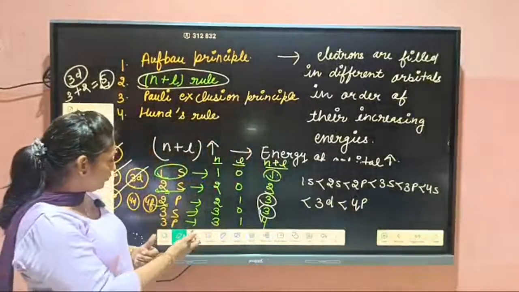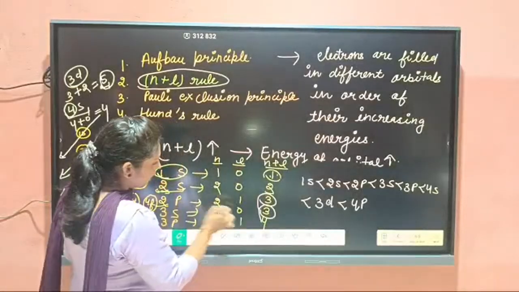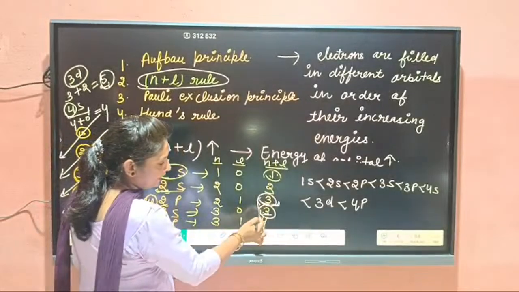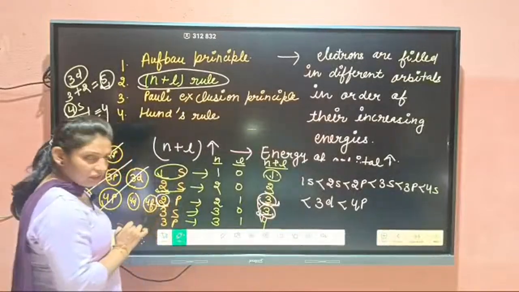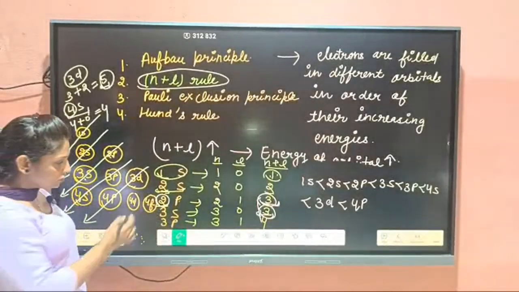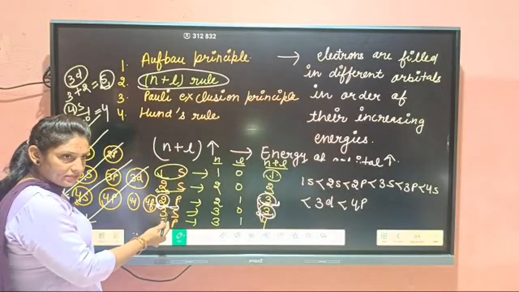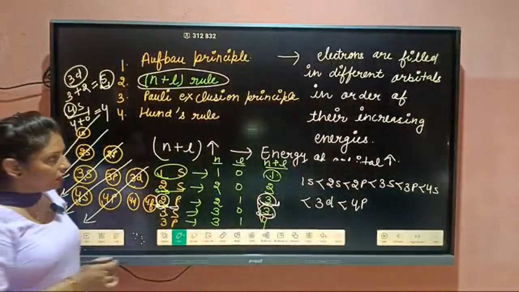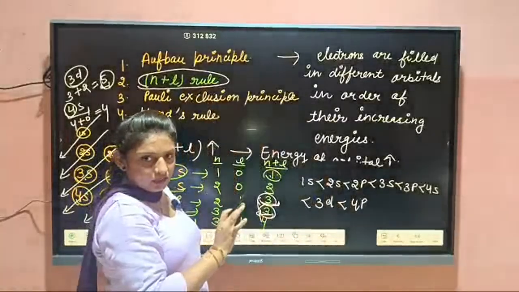Here 2p has n plus L value 3, and 3s also has n plus L value 3. Value of n is lower in case of 2p as compared to 3s, so you will fill electron in 2p first, then in 3s. Is this clear to you or not? It is clear? Okay. Our second rule, the n plus L rule, we have already done.